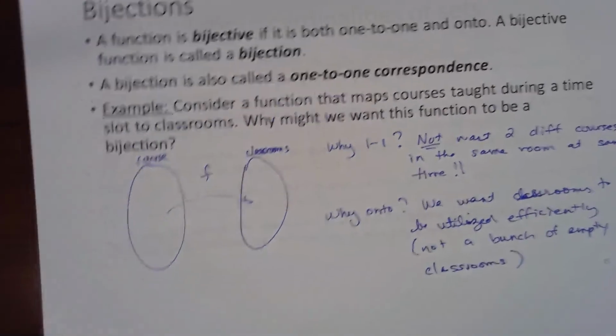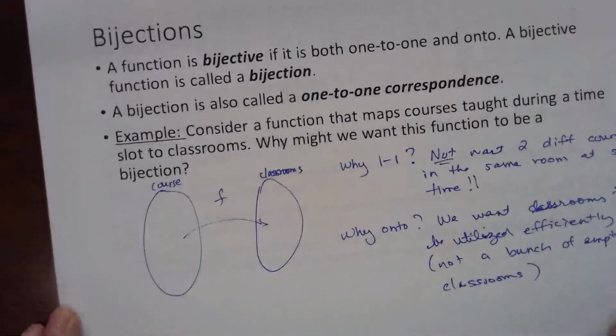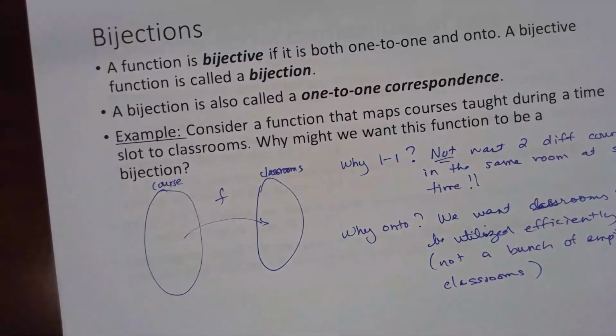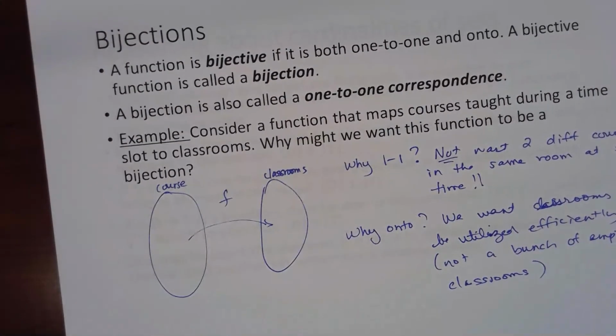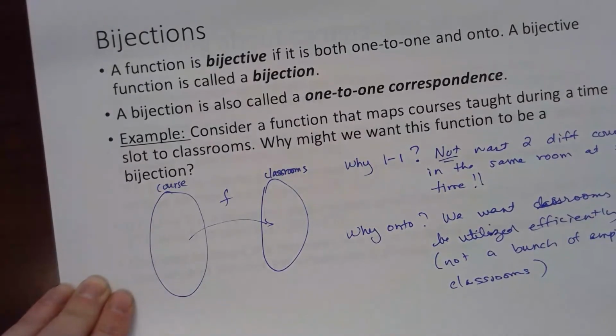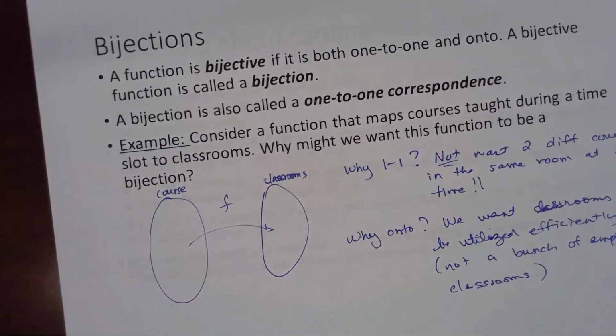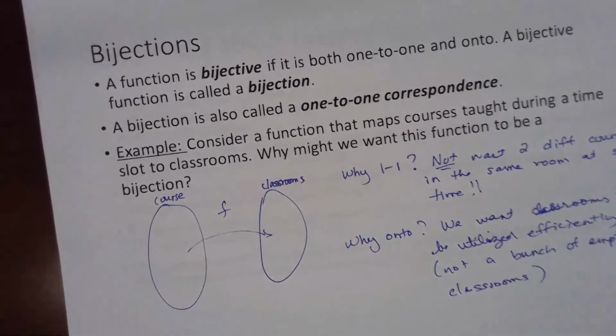I'm sure there are some empty classrooms, but our goal is to get as close to that as possible. And I'm sure there are certain times of the day where we do have a bijection, and other times, like early morning and later in the evening, when we don't have quite the bijection. But if we have bijections for a large majority of the time, then we're using our facilities well.